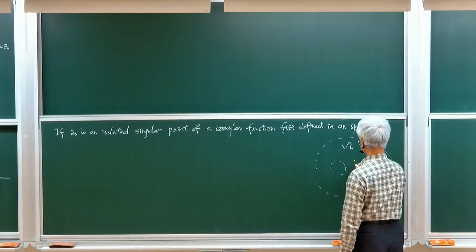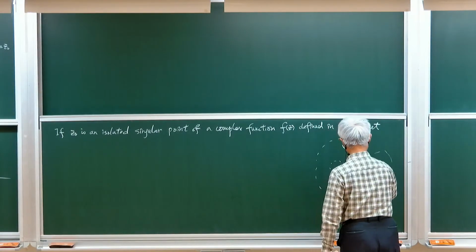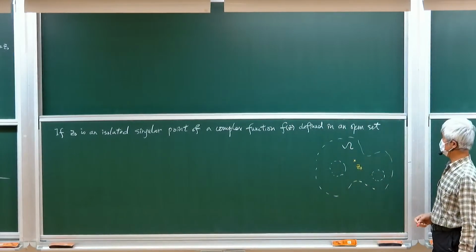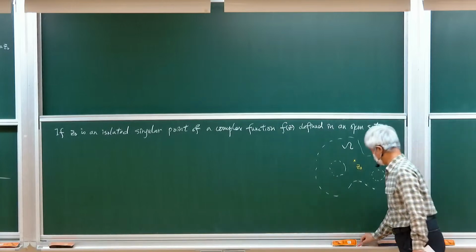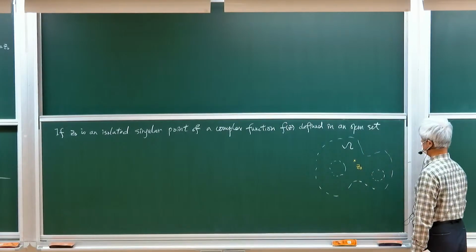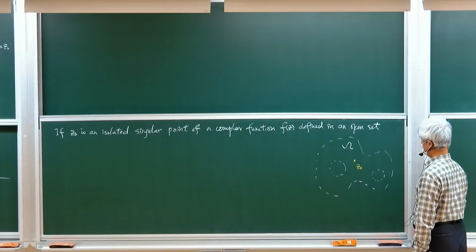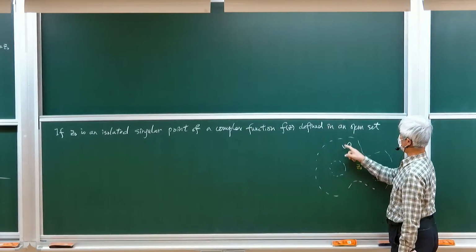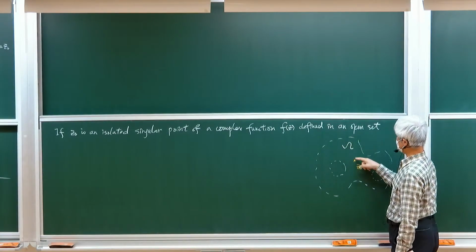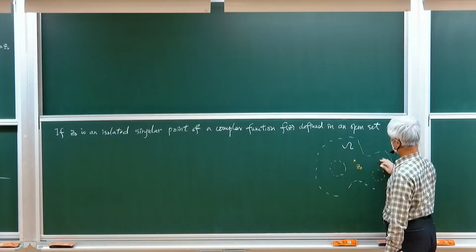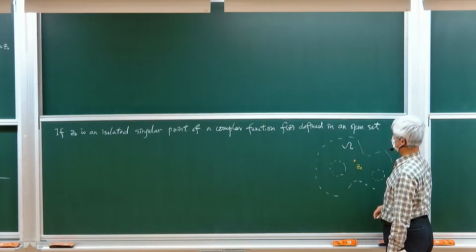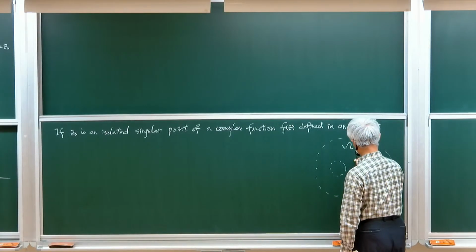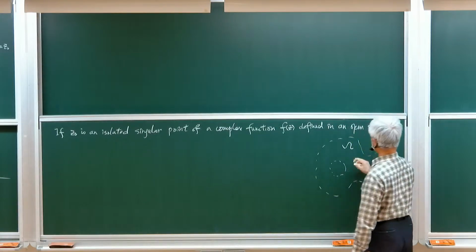And this is Z0. So Z0 at this point may not be in omega. If Z0 is not in omega, then of course this region is still an open set. So suppose we have this situation. We exclude this point.